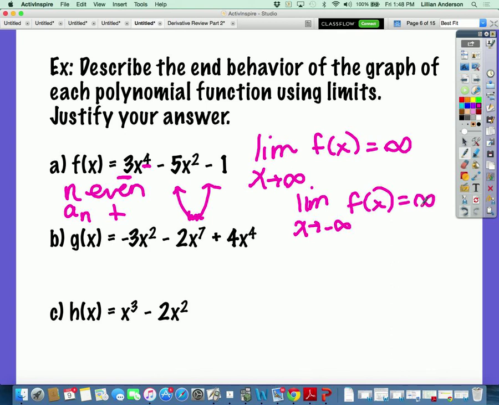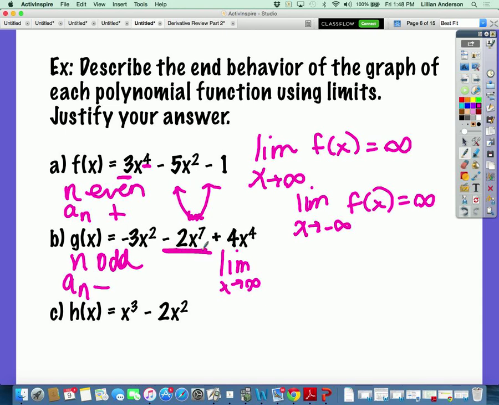Show me with your arms, what does B look like? Majority have it, okay? What is the degree? It is odd. And is my leading coefficient positive or negative? It is negative, it's right here, okay?